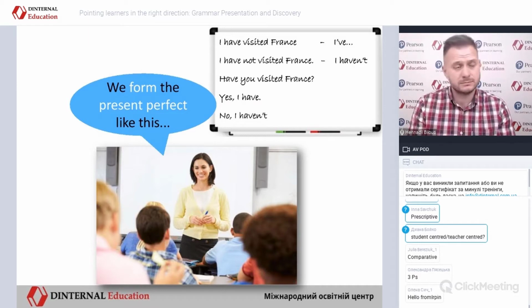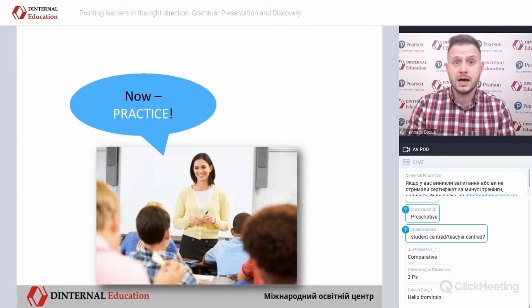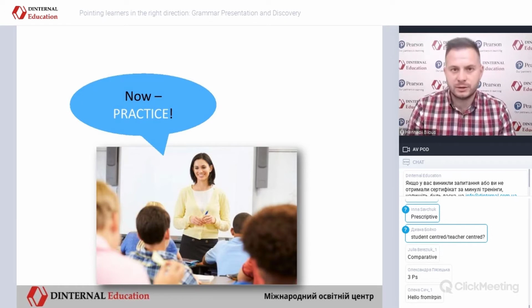And after that, what is a very obvious thing that would happen, you would say, okay, guys, now we'll practice it. And you would tell them to open the book at a certain page, or you would say, okay, so these are some worksheets for you to do, some multiple choice, some gap fill, some open the brackets, controlled practice activities with them.